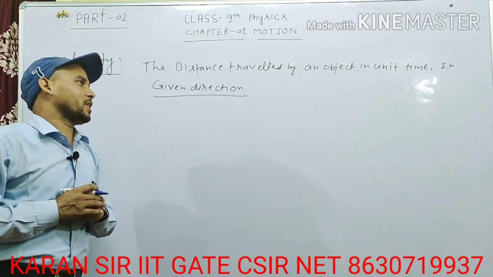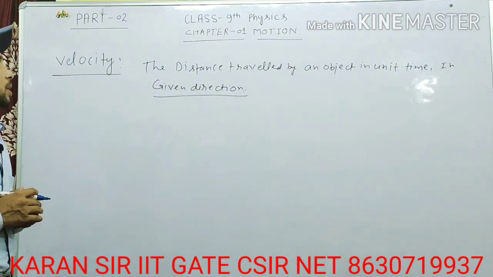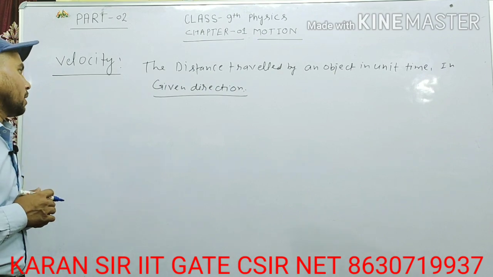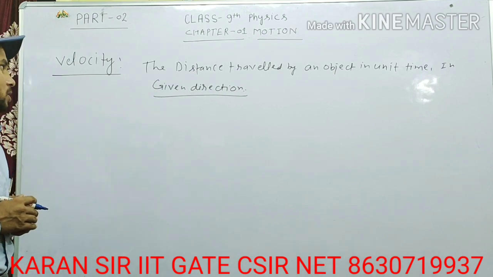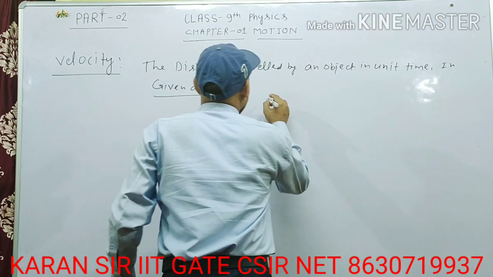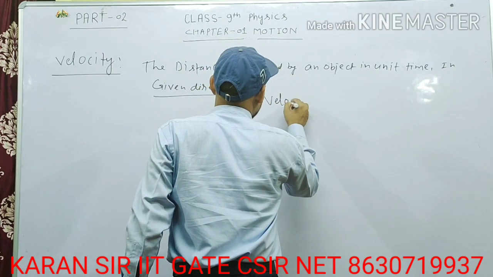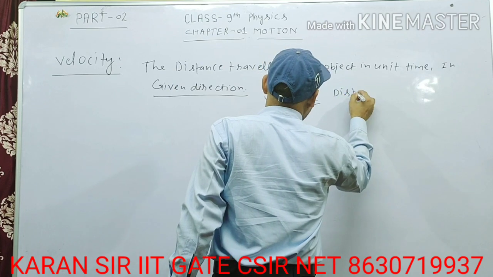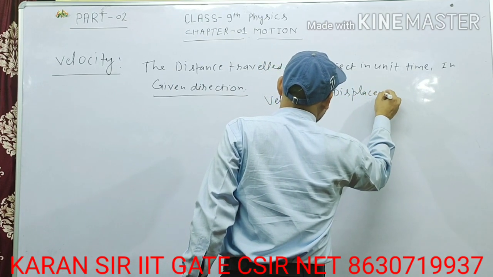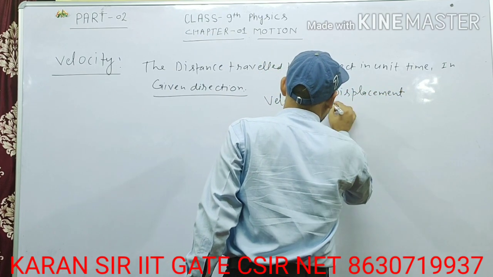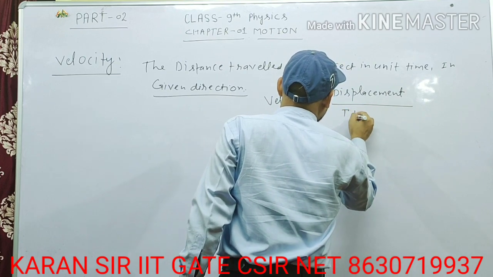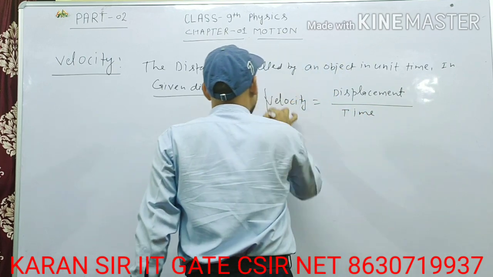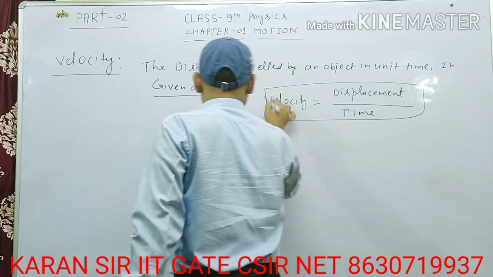The distance traveled by an object in a particular direction in a unit time. So the formula for the velocity is velocity equal to displacement upon time. Understand? So this is the formula for the velocity.